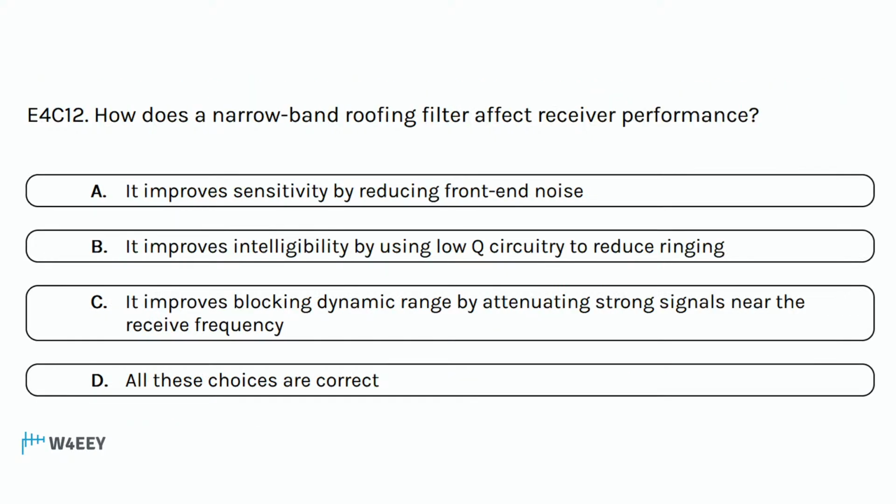And how does a narrow band roofing filter affect receiver performance? Charlie. Yes, it improves the blocking dynamic range by attenuating nearby interference signals. Yep.